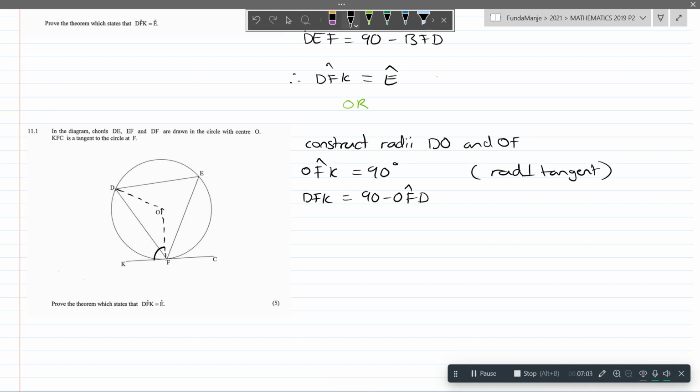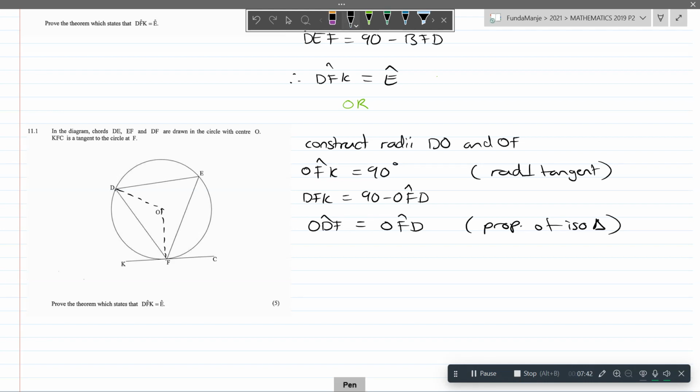Then after this we can say that ODF is equal to OFD. This is because of properties of isosceles triangle. Because these two are radii, it allows us to equate these two smaller angles there.